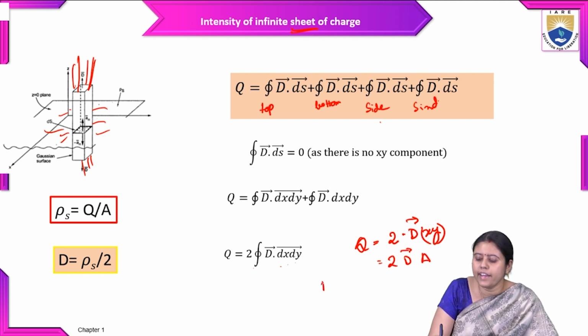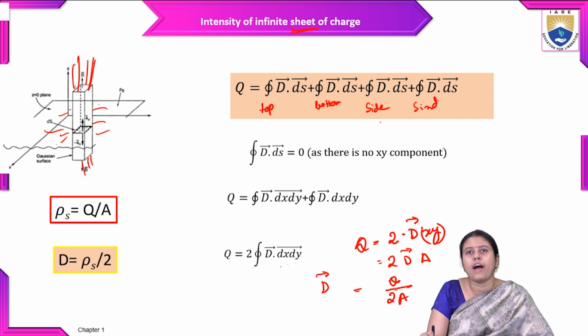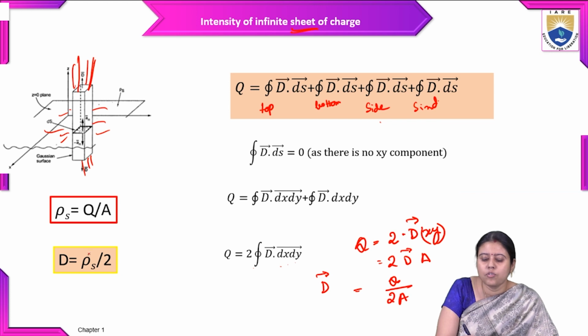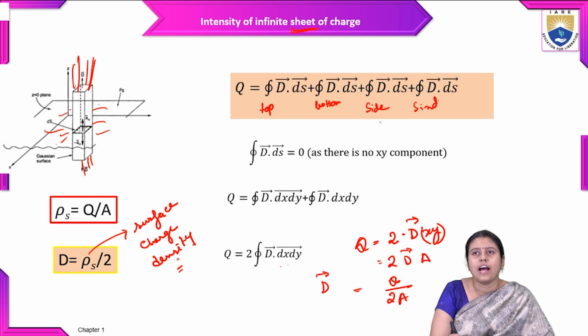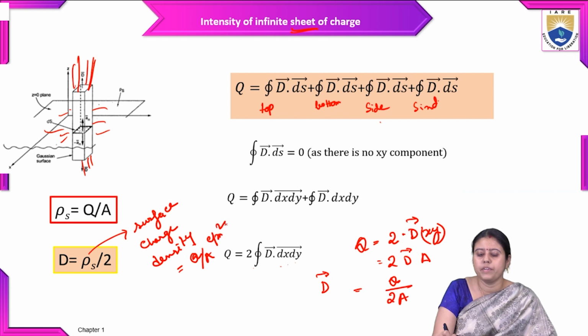So D is equal to Q by 2a, the charge per unit area, known as rho s, the surface charge density, Q by a coulomb per meter square.